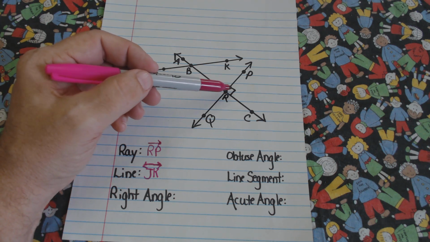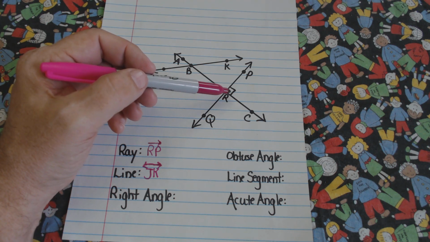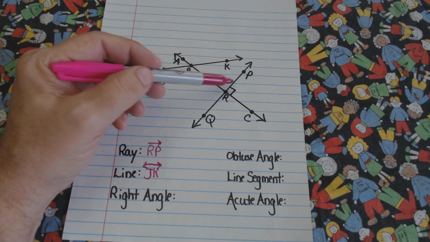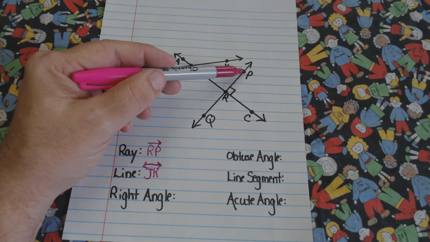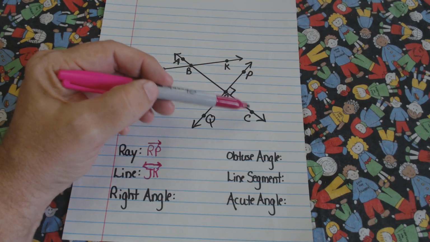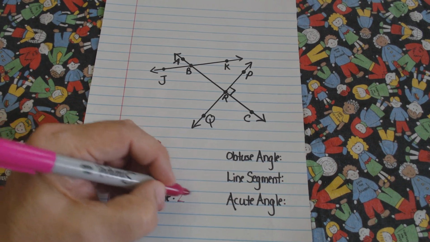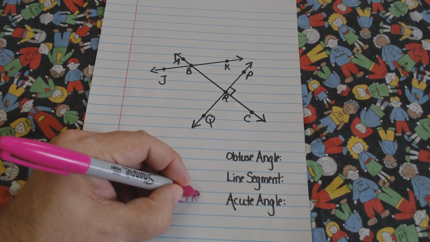So we need to be careful. In this case, as we'll learn, I believe, in the next lesson, these will all be right angles. But for our purposes, how about if we say angle PRC? So the right angle would be angle PRC.